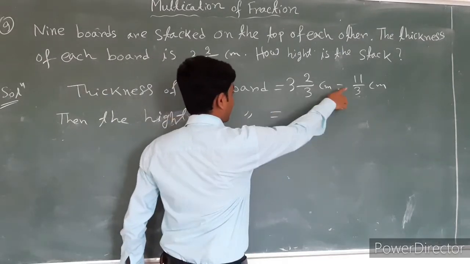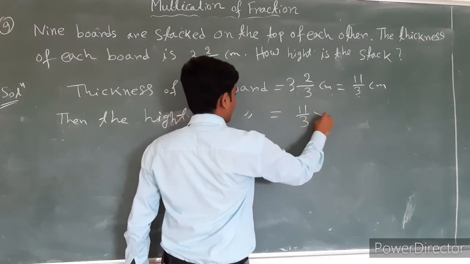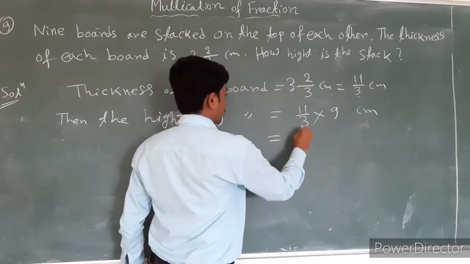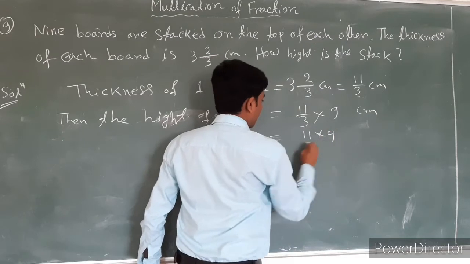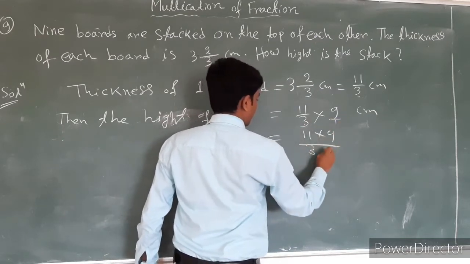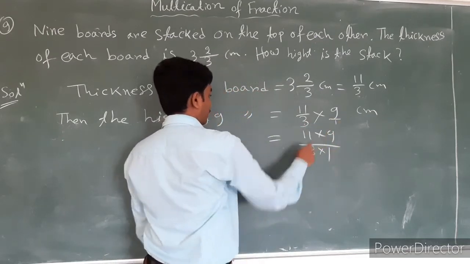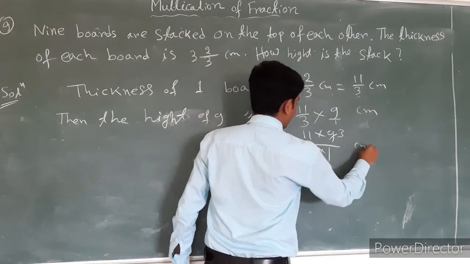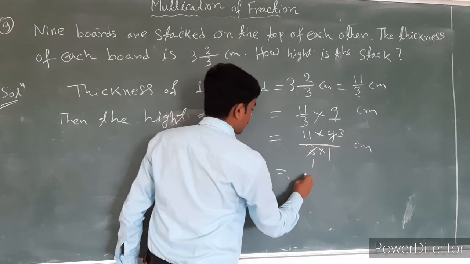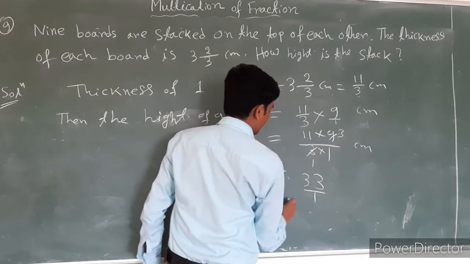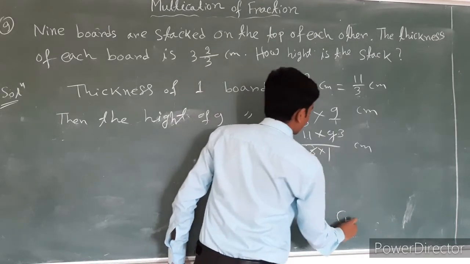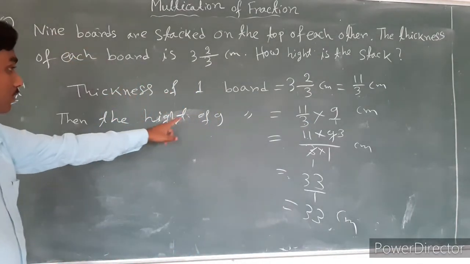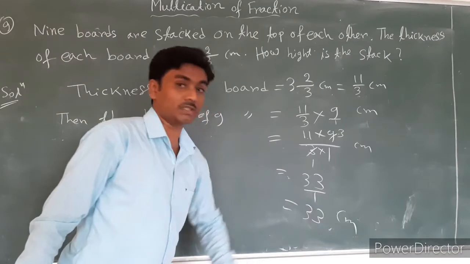So we multiply 11 upon 3 by 9 centimeters. So product of numerator upon product of denominator. 3 and 9 are both divisible by 3. 3 ones are 3, 3 threes are 9. 33 upon 1, that is 33 centimeters. So the height of 9 boards is equal to 33 centimeters.